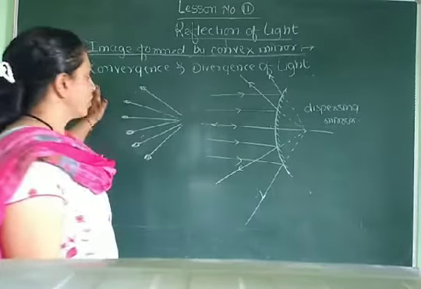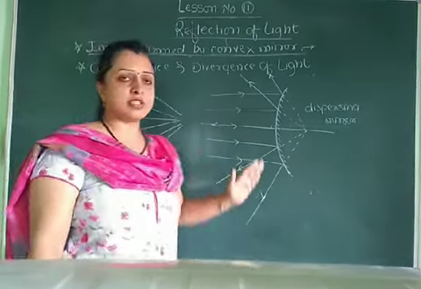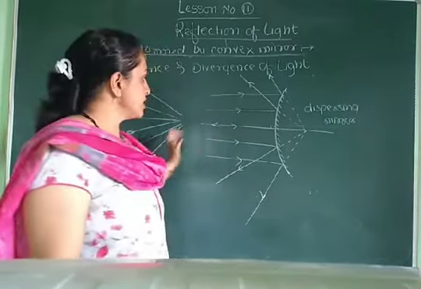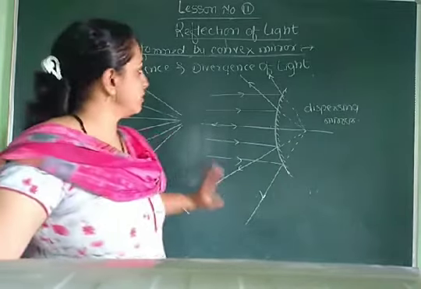What do you mean by the convergence and the divergence of light? So this is the diagram related to this concept.